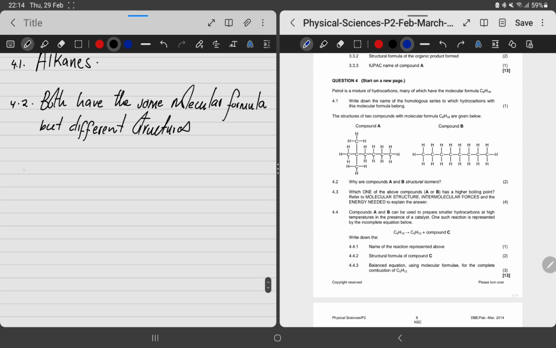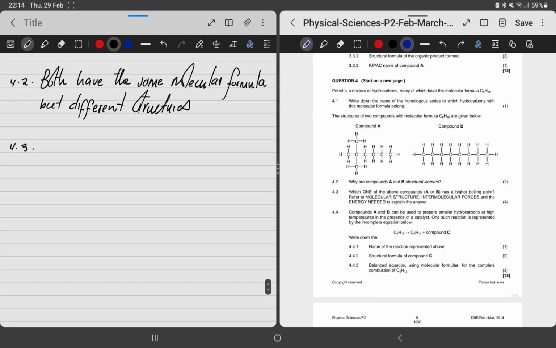Okay. And then 4.3. Which one of the above compounds, A or B, has a higher boiling point? Refer to the molecular structure, intermolecular forces, and the energy needed to explain the answer. Okay. So this is what happens.